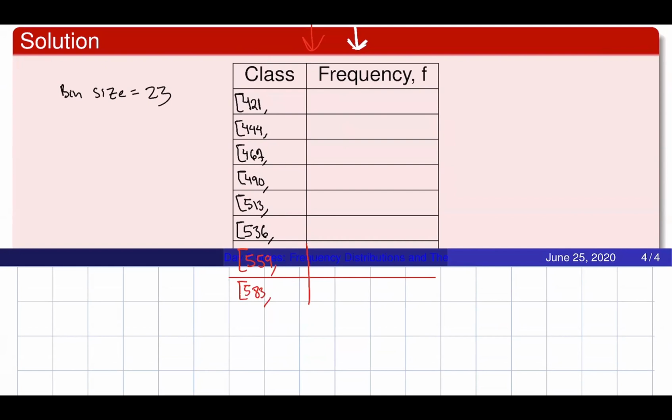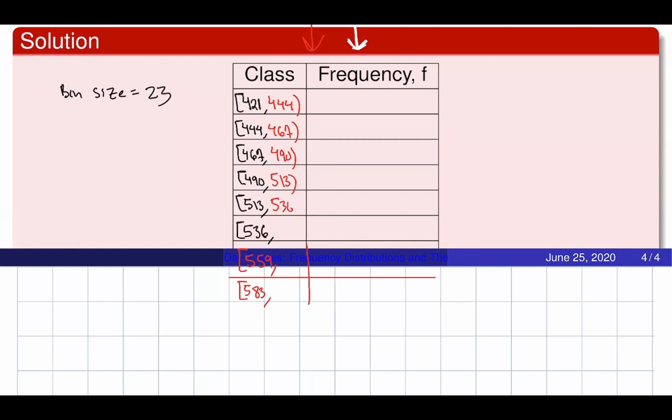Okay, so let's go ahead and do the upper class limit. Remember, you could use the lower class limit to help you figure out the upper class limit, because this one should be 444. This one should be 467. This one should be 490. This one should be 513.